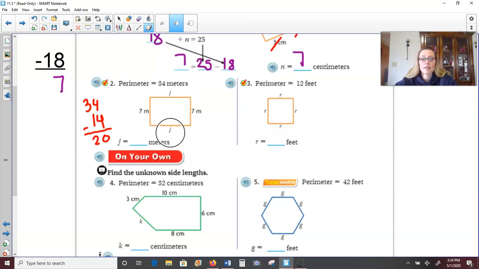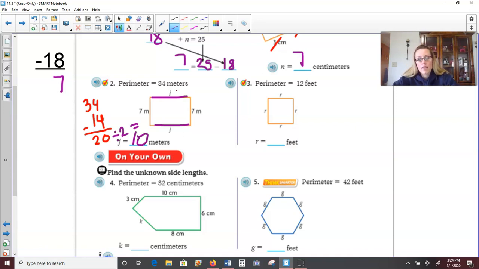We can't forget, once we did that first step, now we need to divide by 2, because there are 2 sides that are labeled J, and 20 divided by 2 equals 10. So we could say that J equals 10, and if we plug that in, 10 plus 10 is 20, 7 plus 7 is 14, and 20 plus 14 is 34.